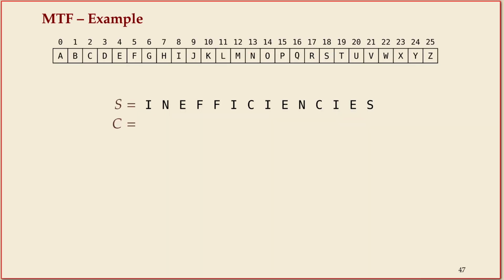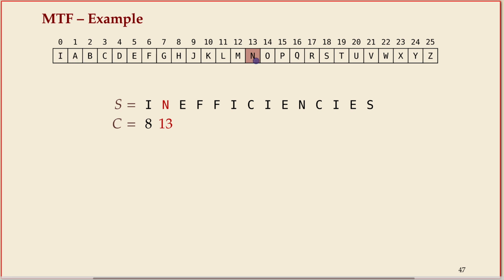So quick example, not so much because I think you need it to understand this, but because it illustrates the properties nicely. Okay, so here's our alphabet and here's the source text. Now, how does encoding work? We find the position where the letter is, that's 8, so that's our coded thing. And now we apply move to front, right? So we take this one and put it to the front. And if we do that, see I is now here. These have all shifted over.